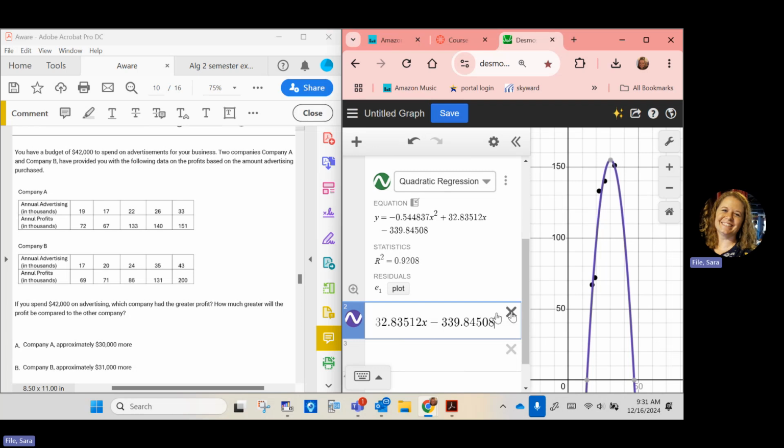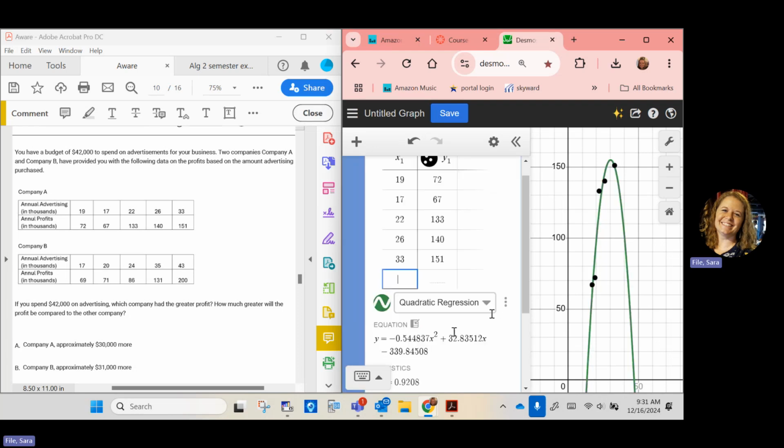Or you could type that out and substitute in X. They're saying a budget of 42,000, so you could plug in 42,000 for these X's here and here.